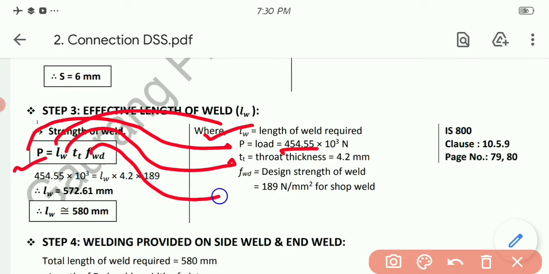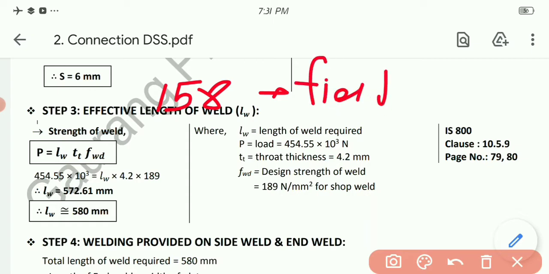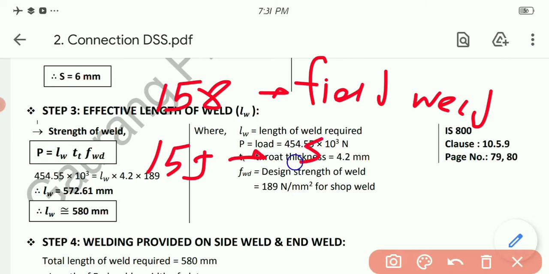And for FWD we know that in the elementary structural design subject, we got the two values. One, FWD equals to 158 for, we can say, field welding, and second 159 for shop welding.